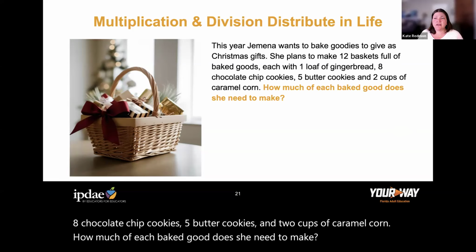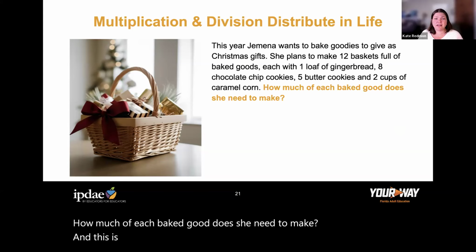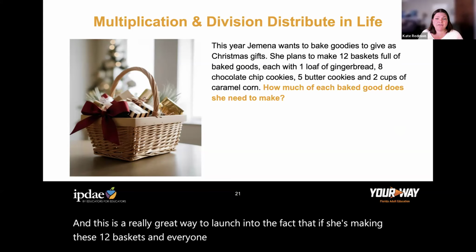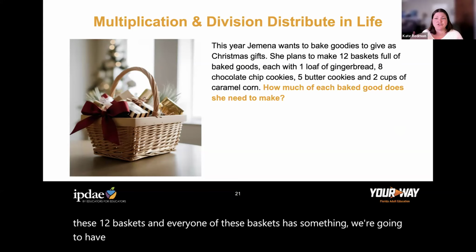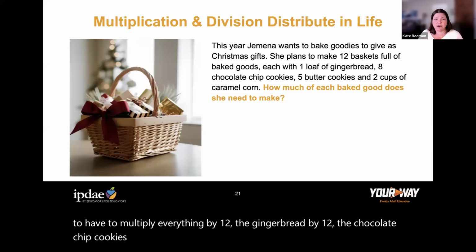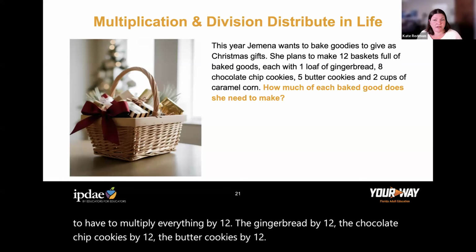And this is a really great way to launch into the fact that if she's making these 12 baskets and every one of these baskets has something, we're going to have to multiply everything by 12: the gingerbread by 12, the chocolate chip cookies by 12, the butter cookies by 12, and the caramel corn by 12.